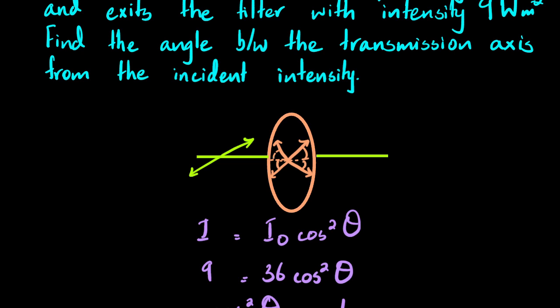So this is why I actually changed the question, because I just realized that this problem could also arise. So remember that there could be multiple positions for the transmission axis at which the intensity which is exiting is a certain value.